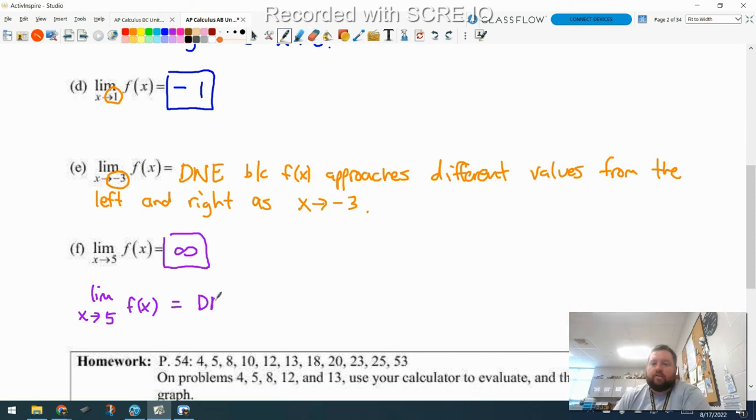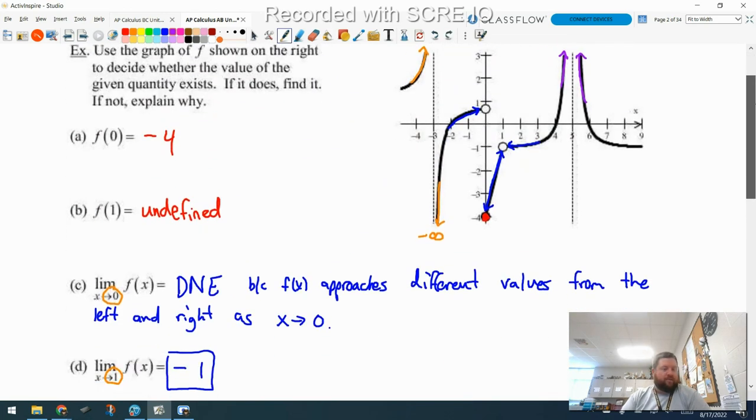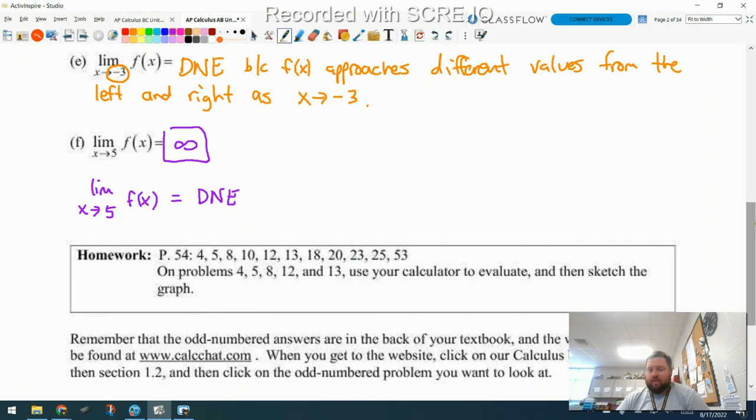All right, does not exist. That is also a correct answer. In our notes here, they say if we write does not exist, we have to explain. So it would not be the same explanation, because it's not approaching different values from the left and the right. It's approaching the same, again, not a value, but the same general direction.